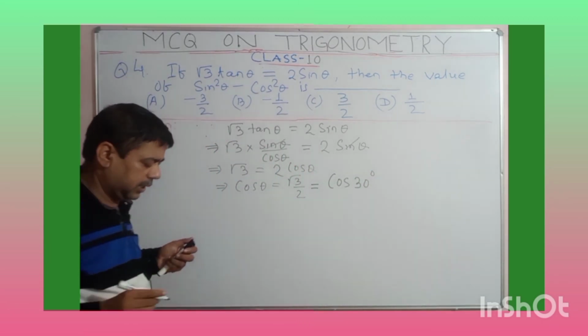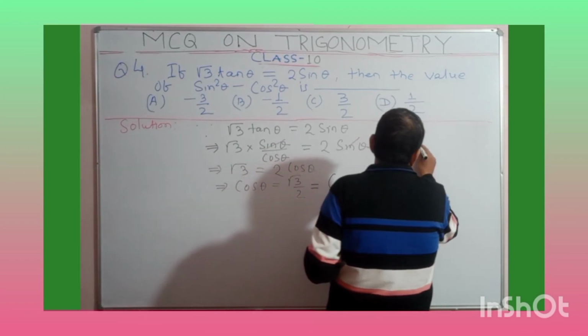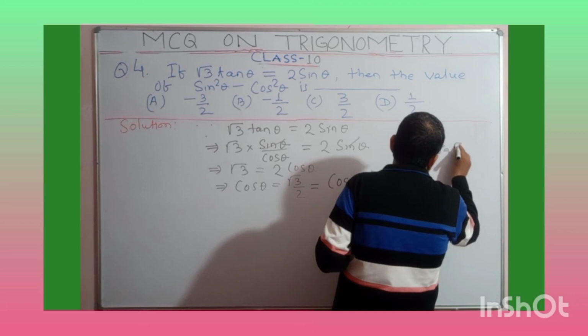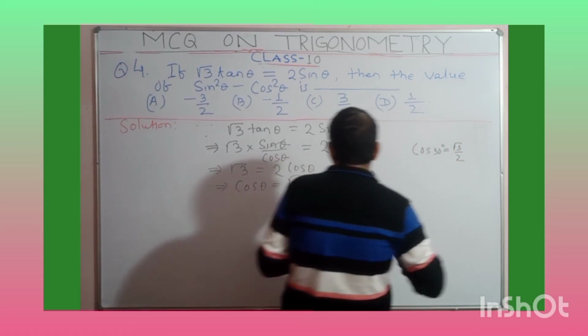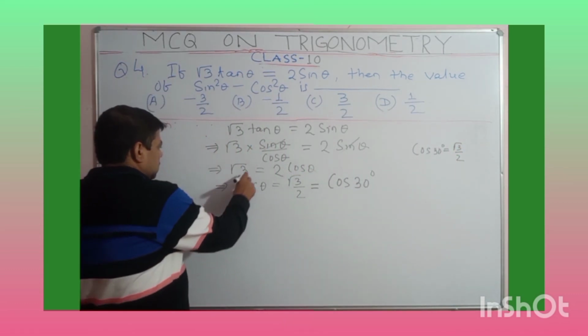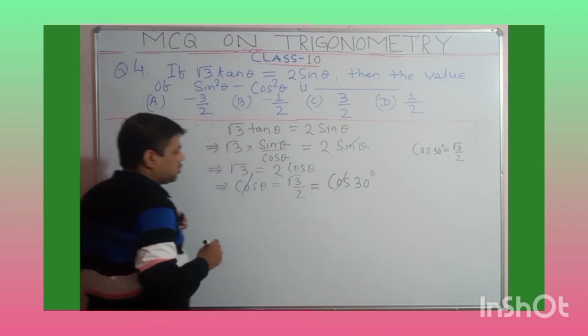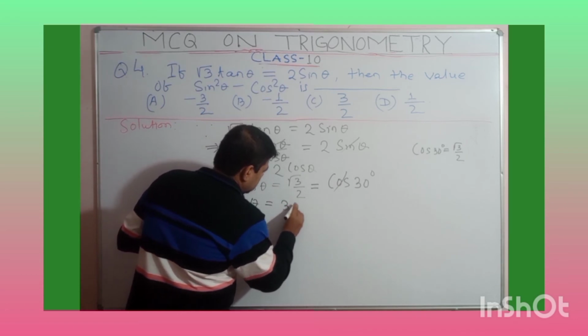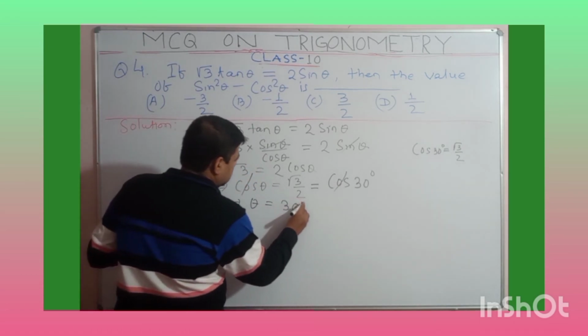All of you know. Am I wrong? Cos 30 degrees is root 3 upon 2. So here cos will be cancelled on both sides, and after cancellation we will get theta equal to 30 degrees. Theta is equal to 30 degrees, we got.